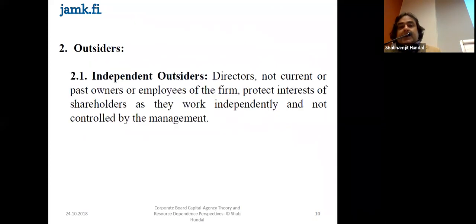And the criteria for a director to be called independent is that you have no financial interest with the company, except that when they call you for the meetings, they make stay arrangements for you in a hotel, they provide you a car, and then they give you some honorarium on top of that.